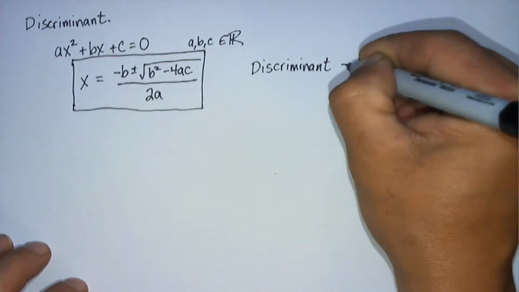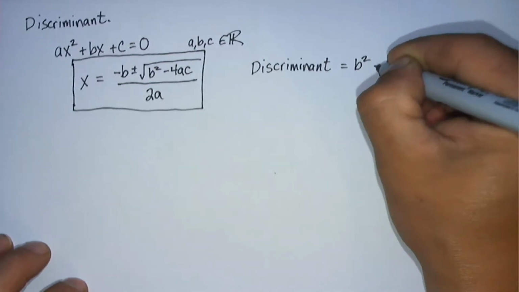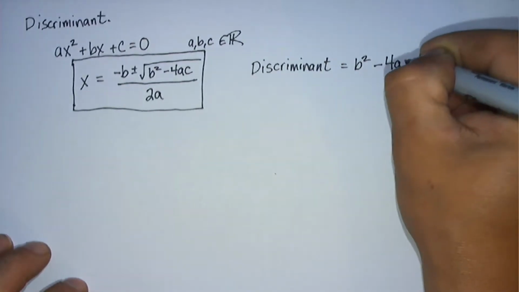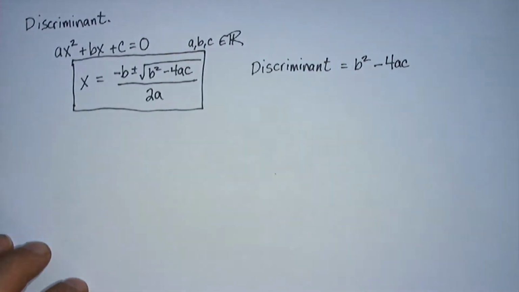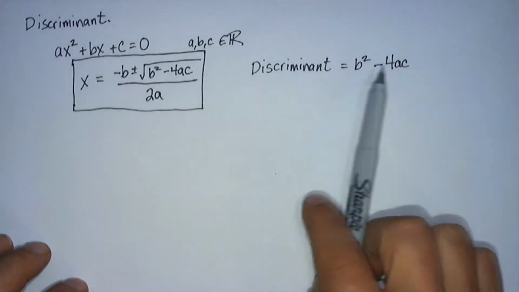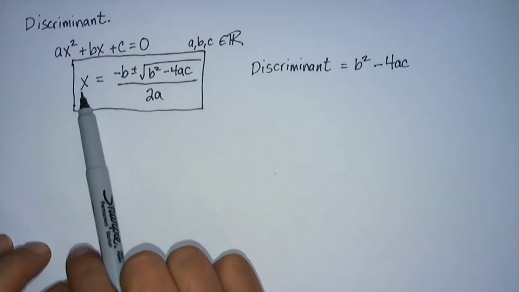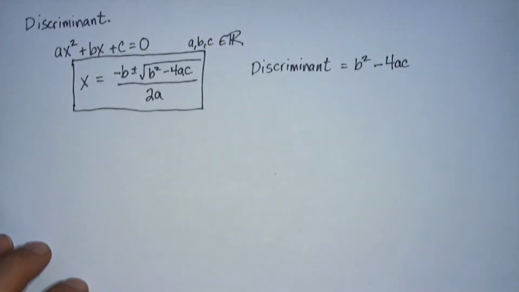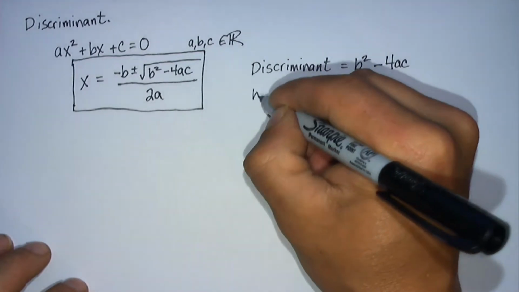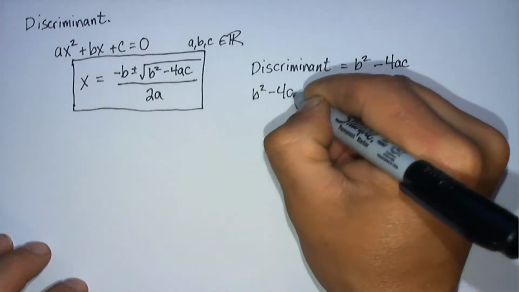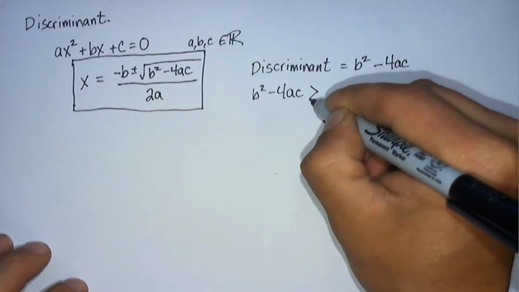So the discriminant is b squared minus 4ac. That's all it is. So the value of b squared minus 4ac affects the solutions to this quadratic equation.